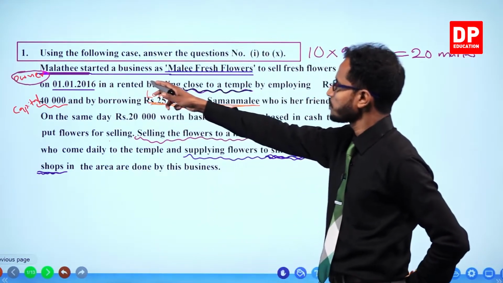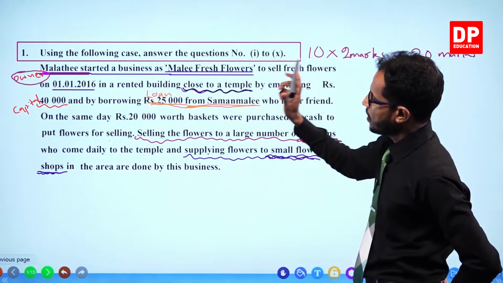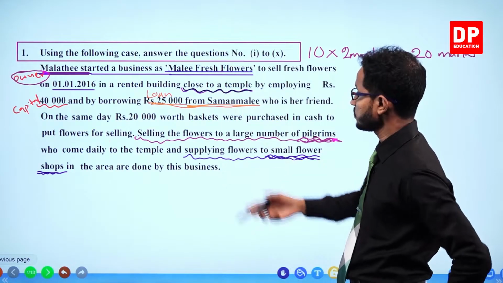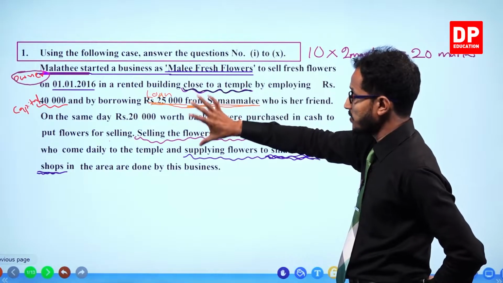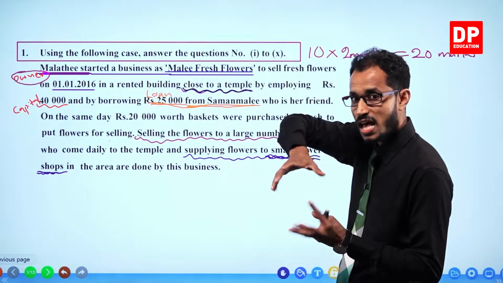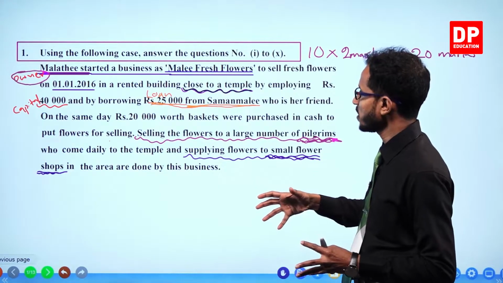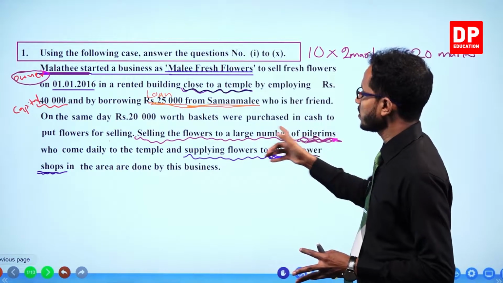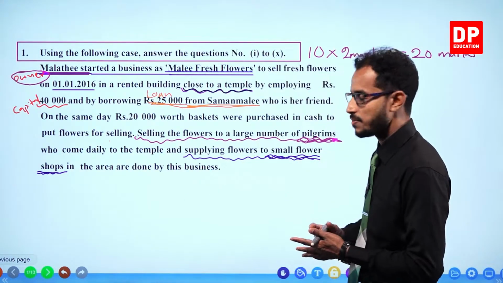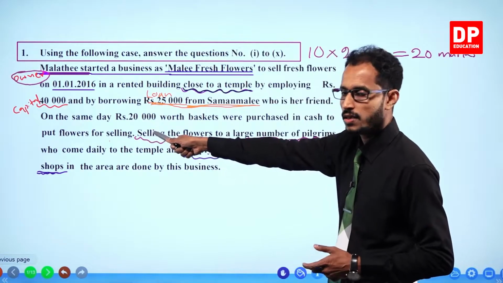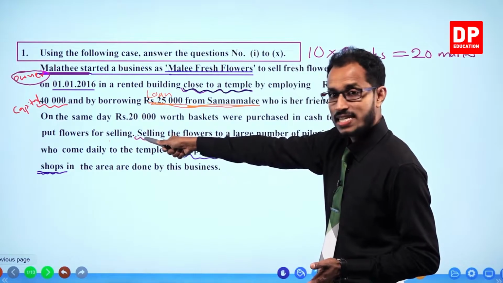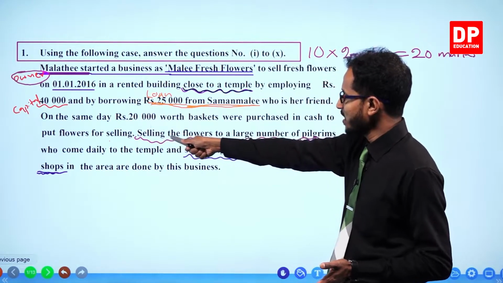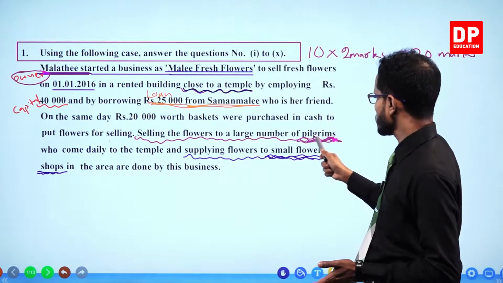See, they are selling. Samanmali and Malati formed Samanali Fresh Flowers, and they are selling. Here I underlined it, because it's important. We noticed this fact: selling the flowers to pilgrims.